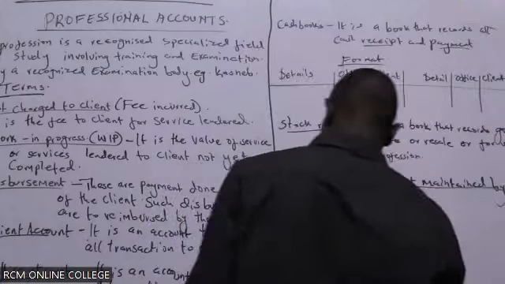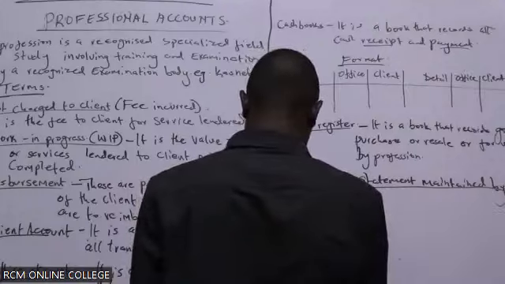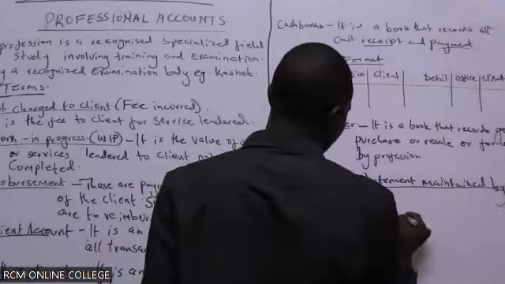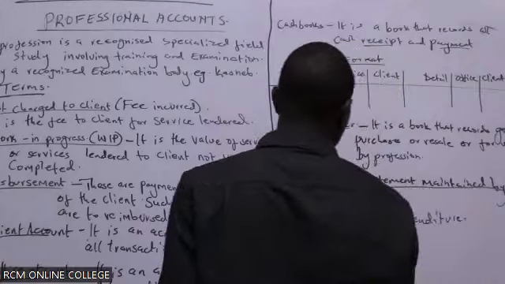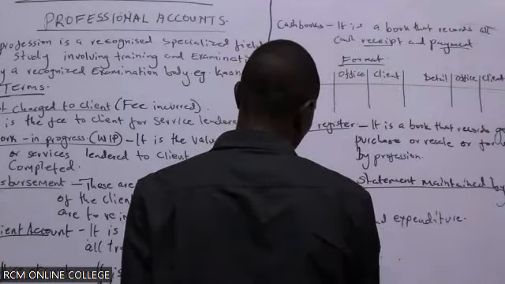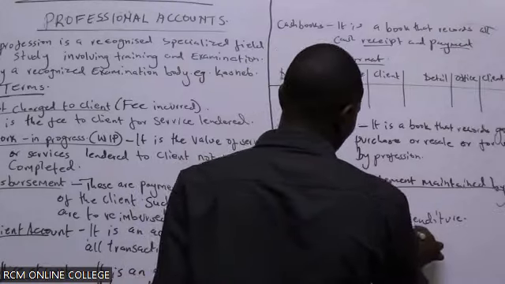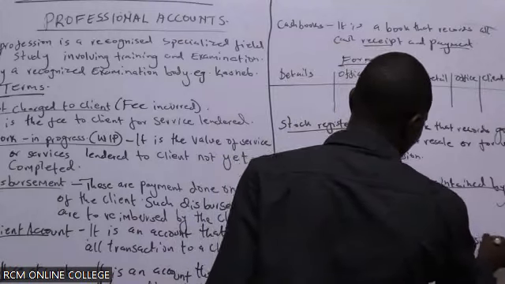Kuna moja, income and expenditure. Takuwa na hiyo, wakona the profit and loss account. Then the statement of financial position.